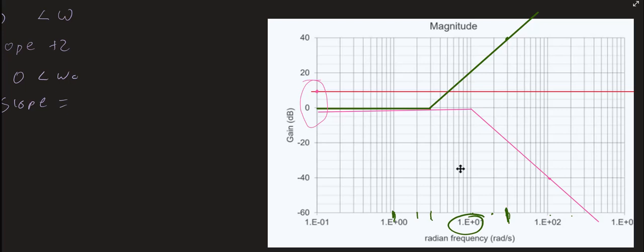So our composite will have slope 0 until we get to our first corner frequency. When we get to our first corner frequency, we now have 2 of our terms with slope 0, and our third term has slope 40. So our composite will have slope 40.